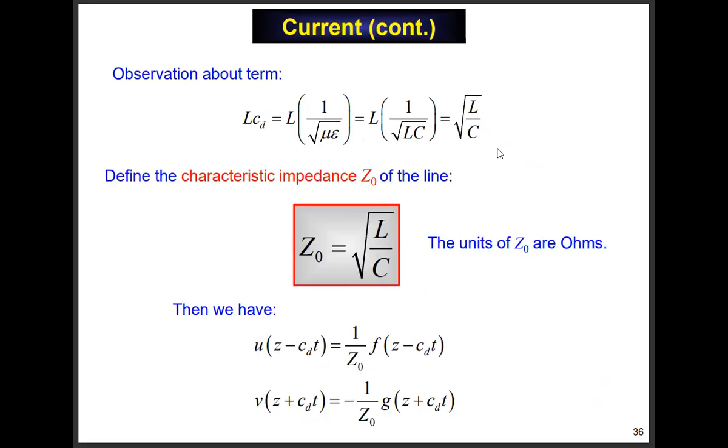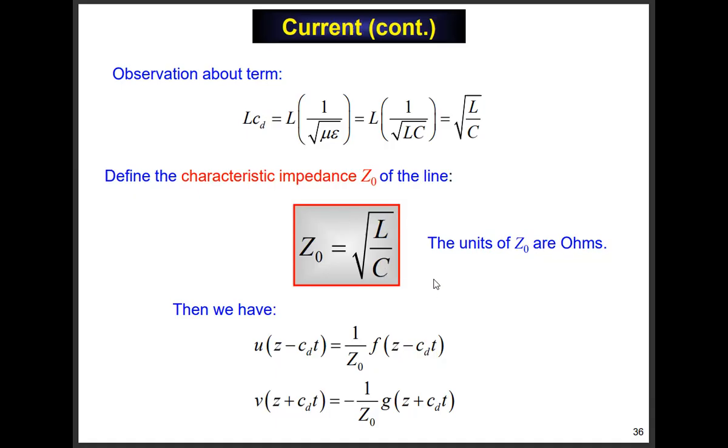Now, that is going to be defined to be the characteristic impedance, the symbol is Z0, of a transmission line. So Z0 is square root of L over C, and the units turn out to just be ohms. You can prove that, okay? But it's also because this relates voltage and current, as we'll see in a second. So the units of Z0 are ohms, but it's square root of L over C.